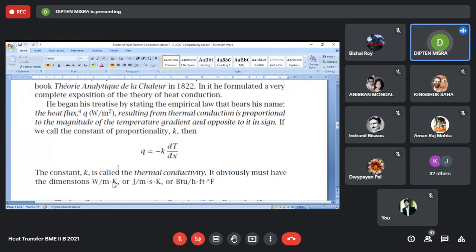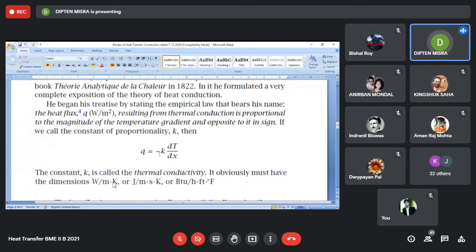That property of the material is normally symbolized as small k, and it is known as the thermal conductivity of the material. Now, if you see this, the heat flux is dependent on two things simultaneously.